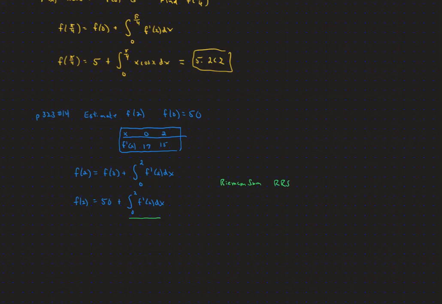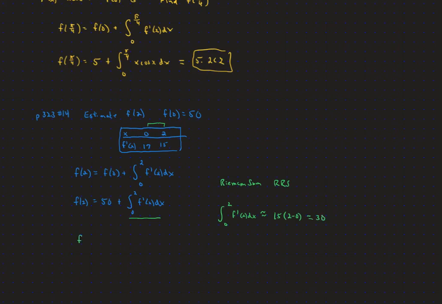So if we do a right Riemann sum, then we can see we're going to have just one rectangle between 0 and 2. And so we can say this integral from 0 to 2 of f prime of x is going to be approximately equal to, and we're going to use the 15 as the height of that rectangle, and 2 minus 0 is going to be the base of that rectangle, and so that will be 30.